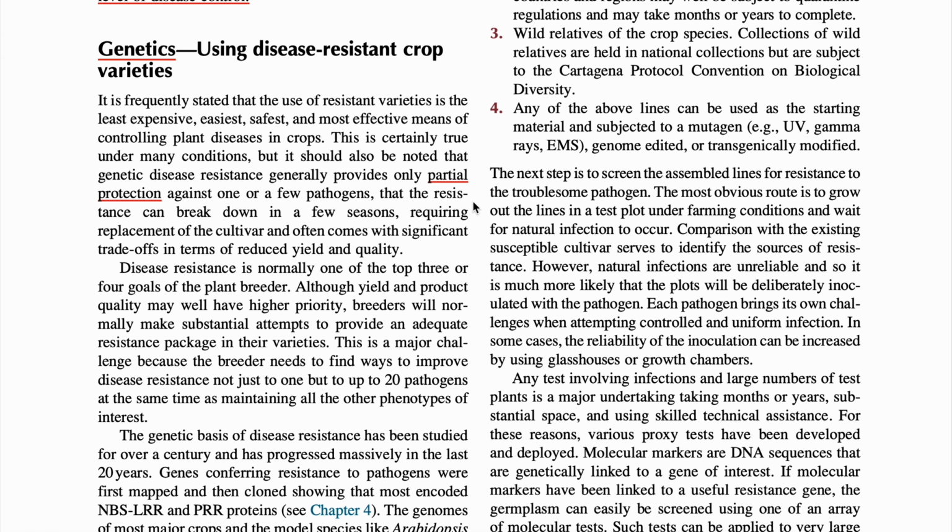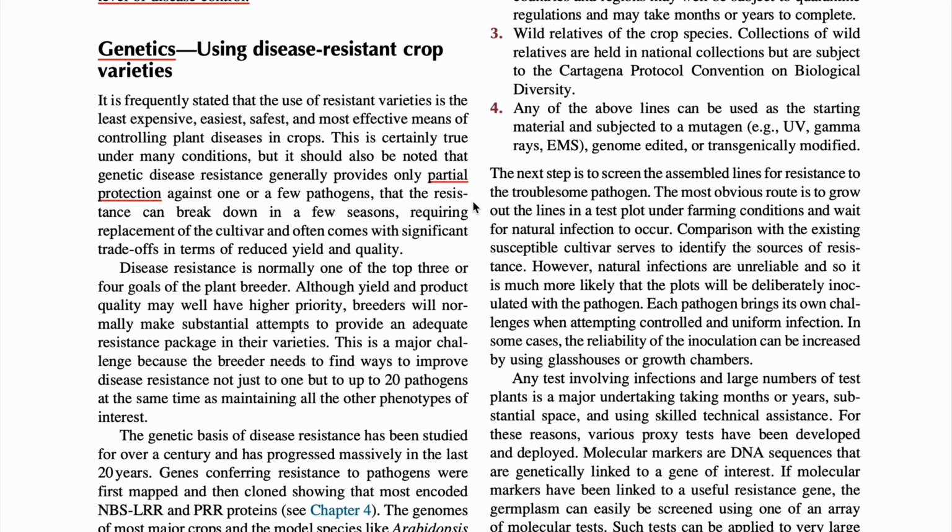Partial resistance. Nowadays we have many technologies such as MAS, but previously it used to take 7 to 8 years, as I learned. So it takes that many years to come up with a new variety, but with the new technologies it takes a few years.